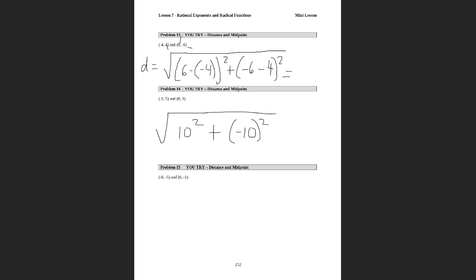So 10 squared is 100, plus 100, which gives us the square root of 200. So you put this in the calculator, and you're getting 14.142.